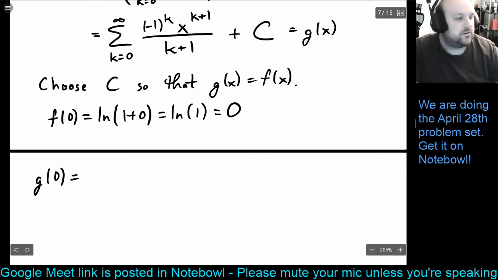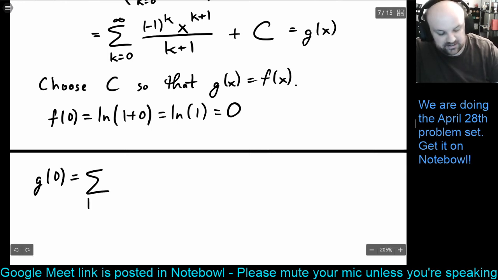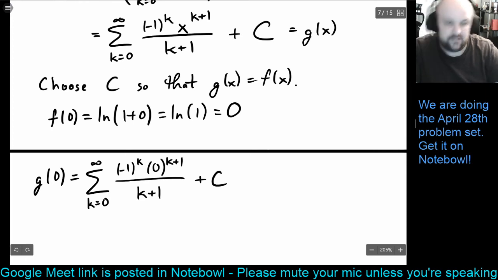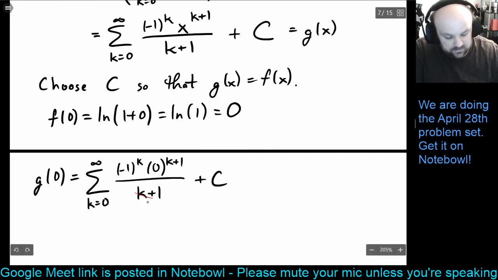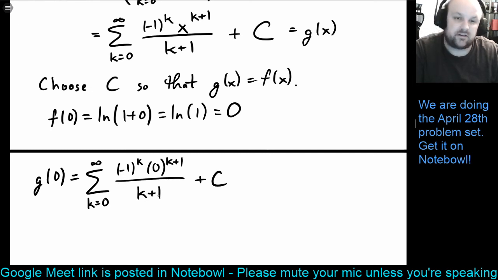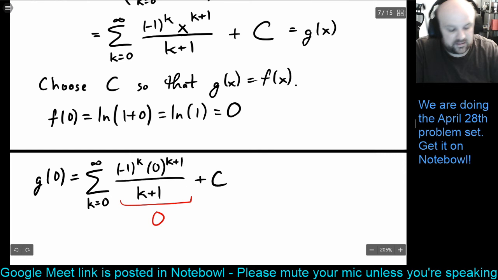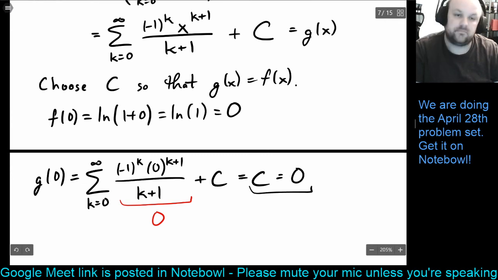So g of 0 is the sum from 0 to infinity of minus 1 to the k, 0 to the k plus 1 over k plus 1, plus c. Every single one of these terms is going to be 0. These are all zeros. So this is just c, and we need this to equal 0. So c is 0.